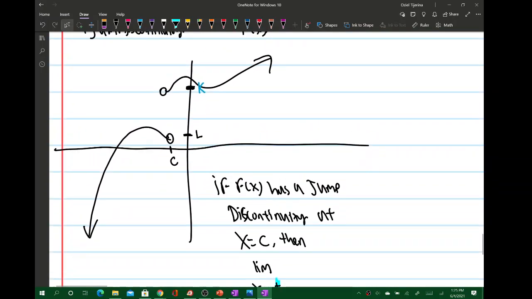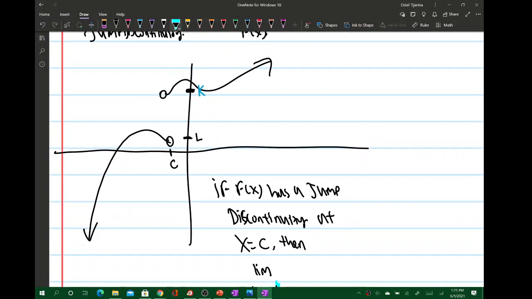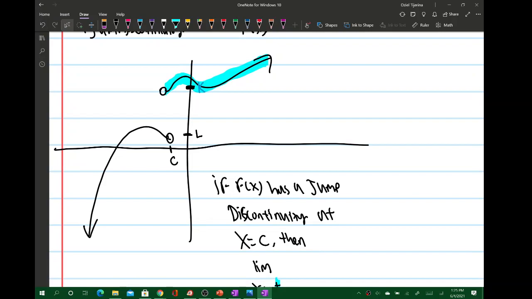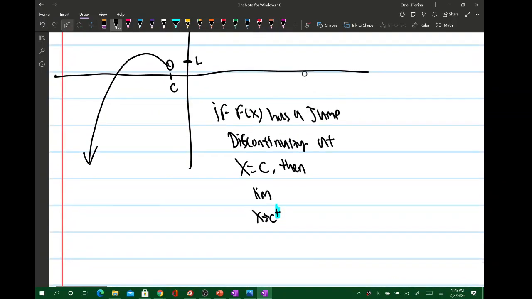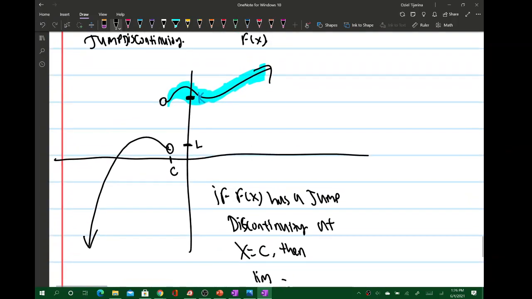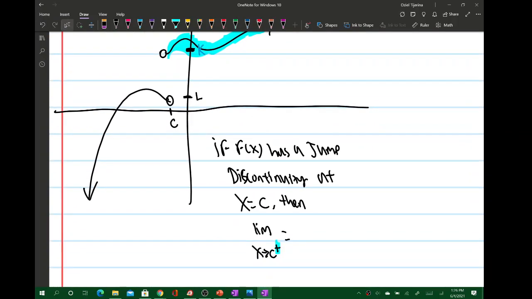That's the right side, so basically from this side here, the limit as x approaches c from the right side is equal to k, the value k.